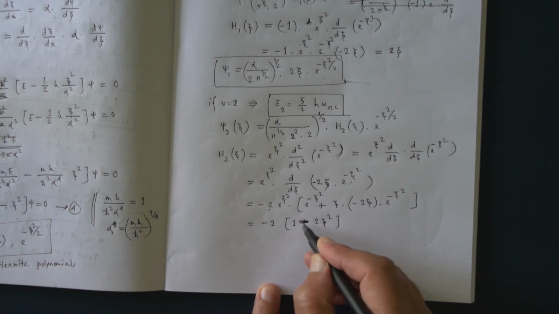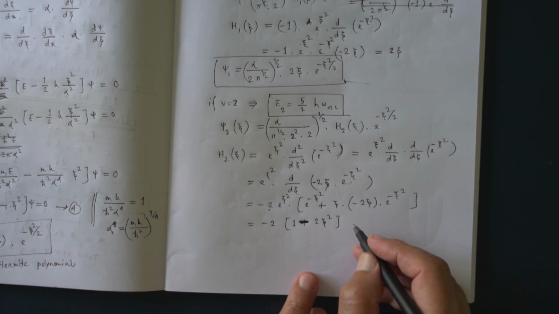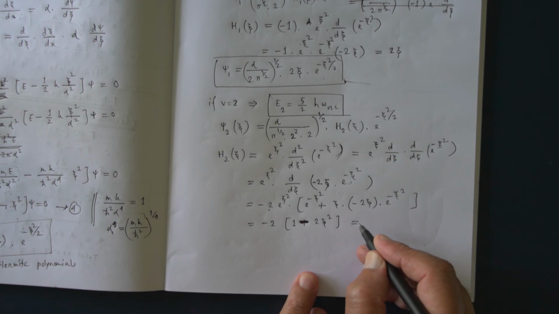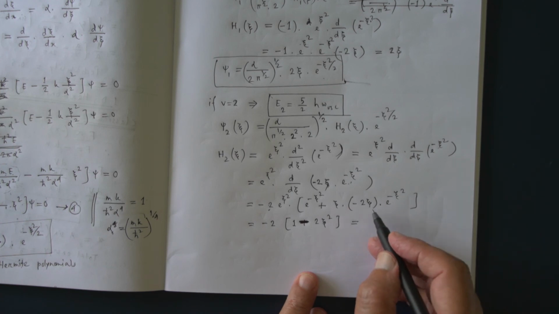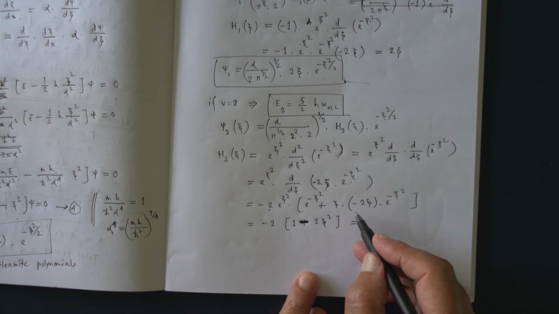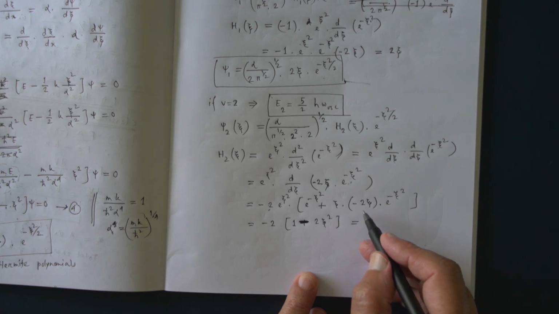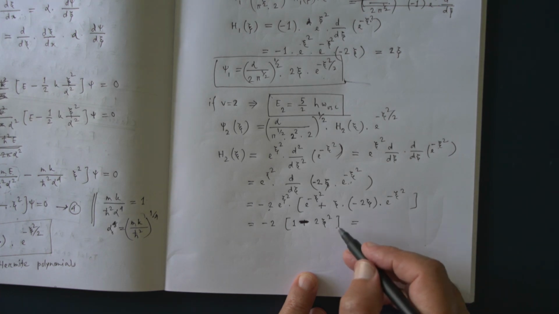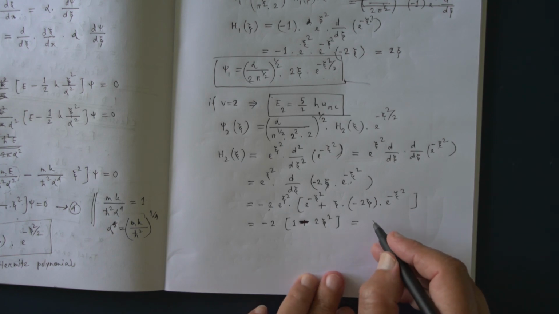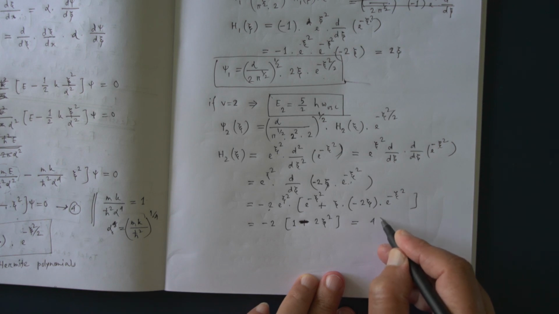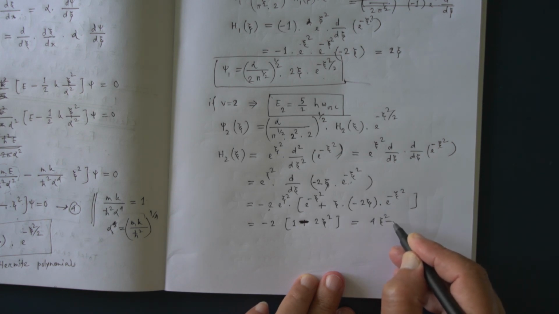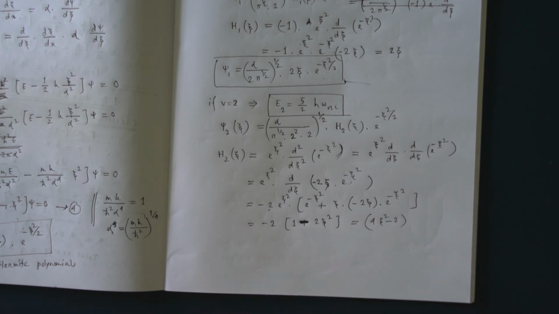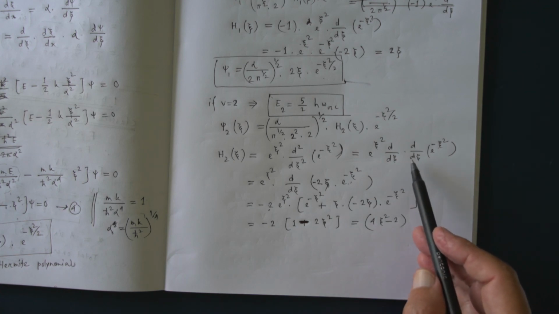This is minus, this is minus, so this is equal to 4 xi square minus 2, 4 xi square minus 2. Okay, I have to check this calculation.